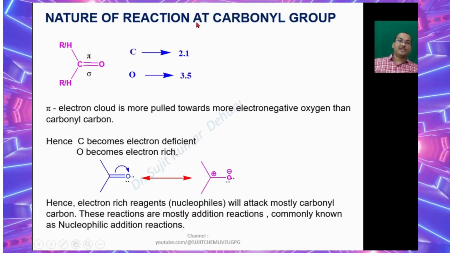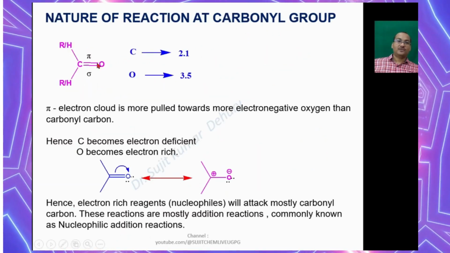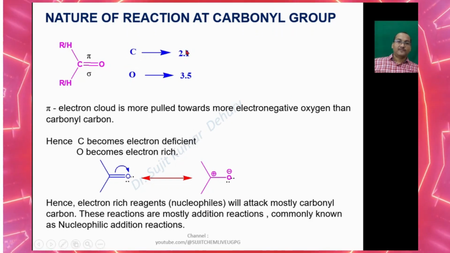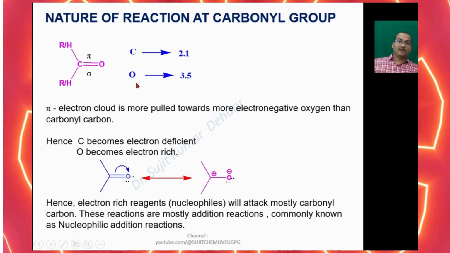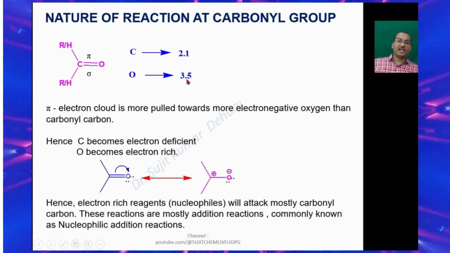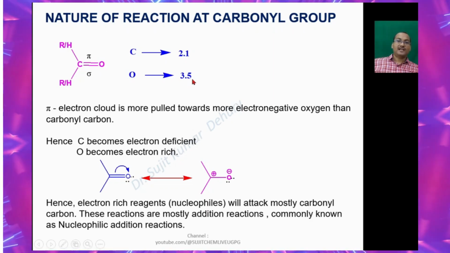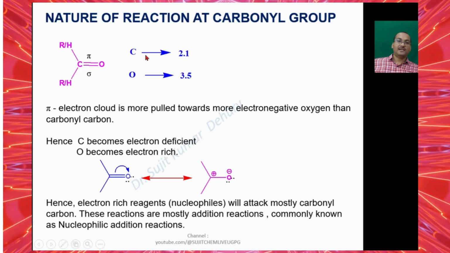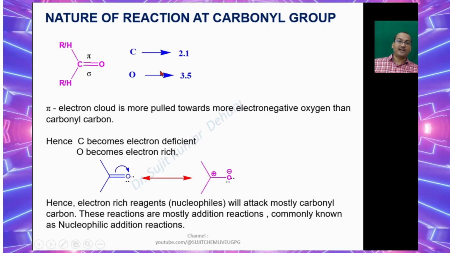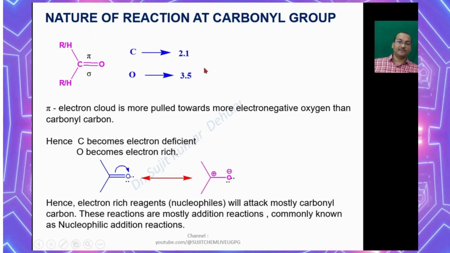So let's talk about the nature of reaction at the carbonyl group. Carbonyl carbon has electronegativity 2.1 and oxygen has electronegativity 3.5. So what is electronegativity? Electronegativity is the tendency of an atom to attract the shared pair of electrons towards itself.